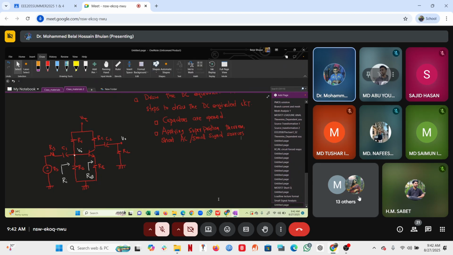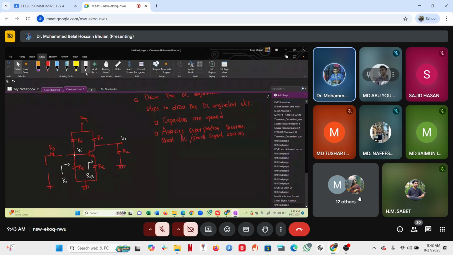So let's do both of them. Okay, first of all, open the capacitors. So you have these two capacitors, C1 and C2, they're open. And then we said that the AC signal source is to be shorted.